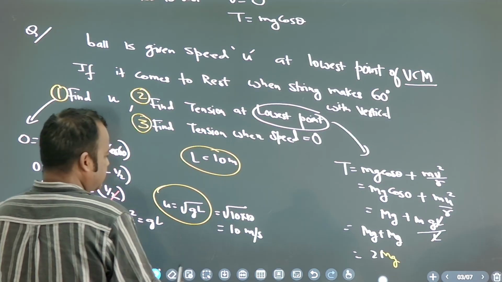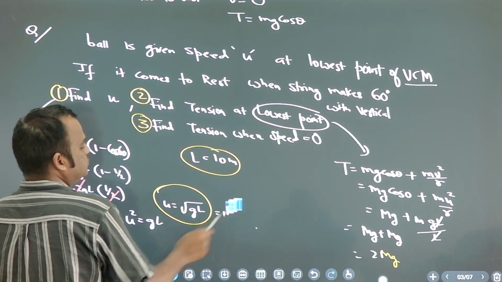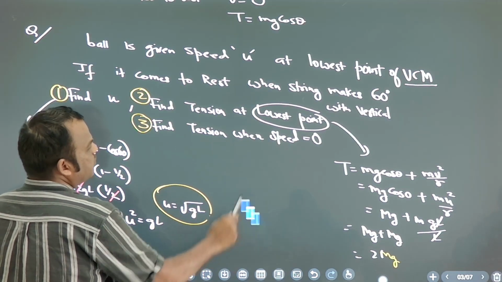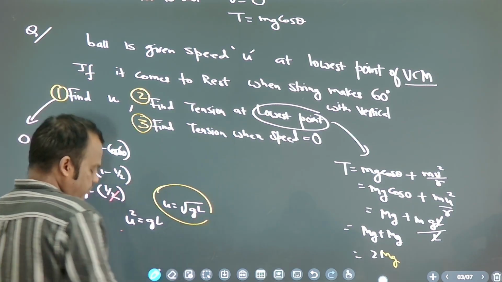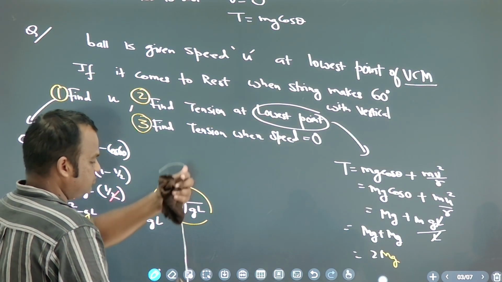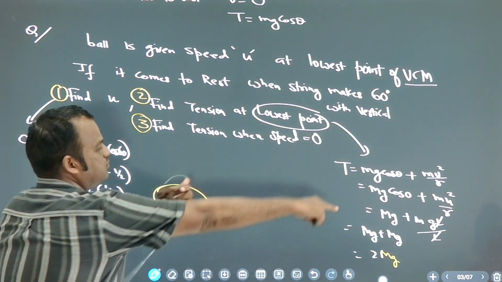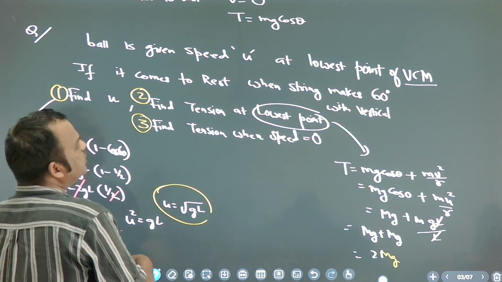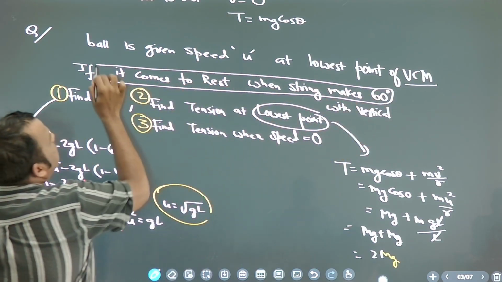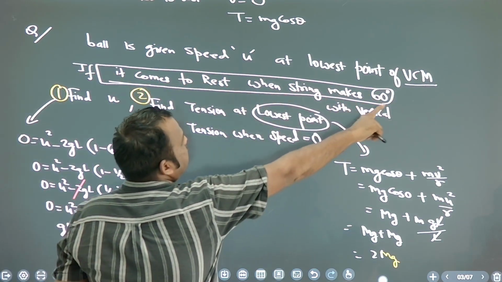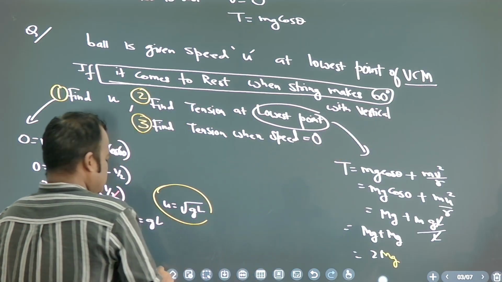Now find tension at the highest point. What does highest point mean? Highest point means here, when speed is 0. The speed is 0 at what angle? 60°. It comes to rest when the string makes 60° with vertical. So now you solve this.